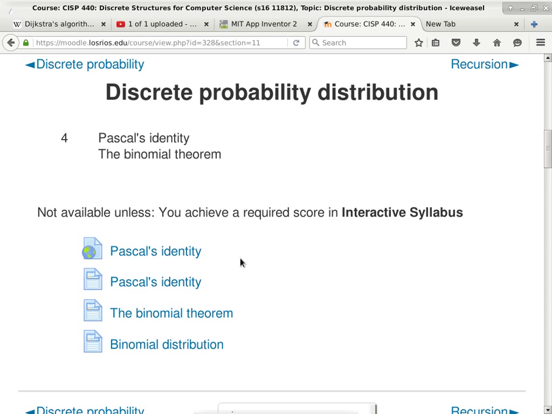This is actually the cardinality of omega, which is the total number of outcomes, whereas the numerator is the cardinality of the event itself, which is a set of outcomes that we are interested in.